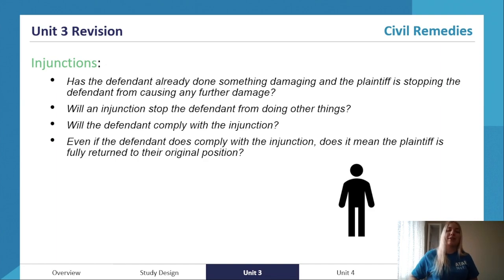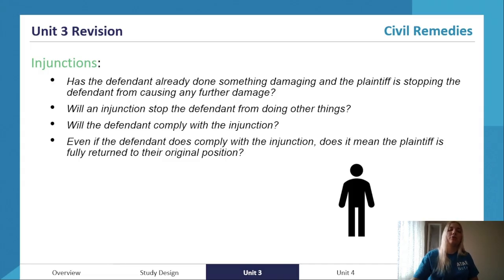So damage has already been done, and even a mandatory injunction forcing them to take down the original article doesn't compensate for the fact that it has already gone all over the news, been shared on social media, and the person's reputation has already suffered immensely. That damage cannot be reversed.